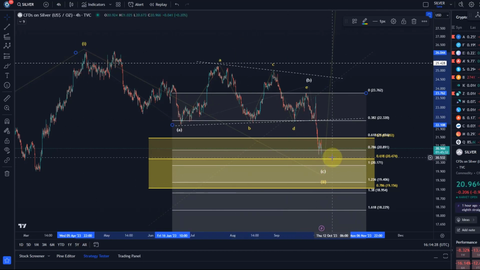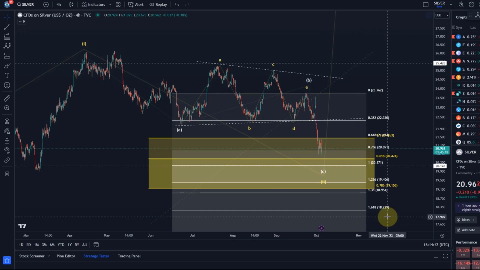A and C often have the same length. Well, that would take us to around $20.17, possibly $19.40 next. But I would pay attention to $20.17 as a key level. So I might add that to the chart here.